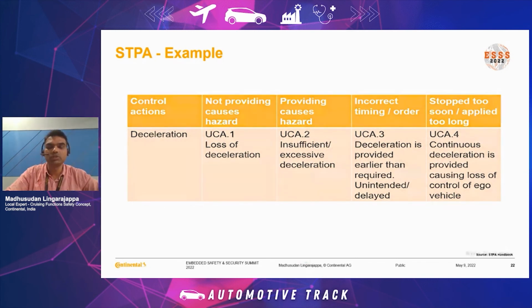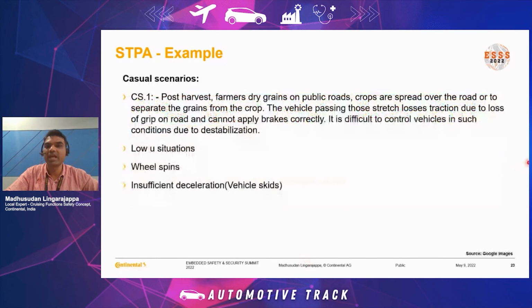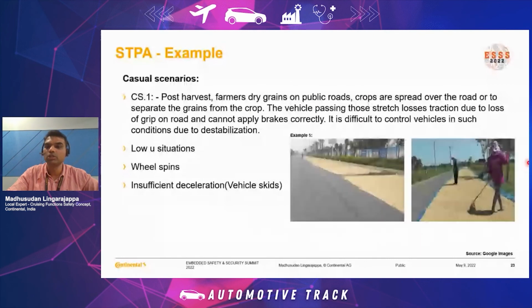Next, we will see step 2, where we have to identify the causal factors or the triggering events which are leading to the unsafe control actions. Here are a few examples. A farmer is harvesting their crop on the road, and what will happen when we operate our vehicle on such road conditions?